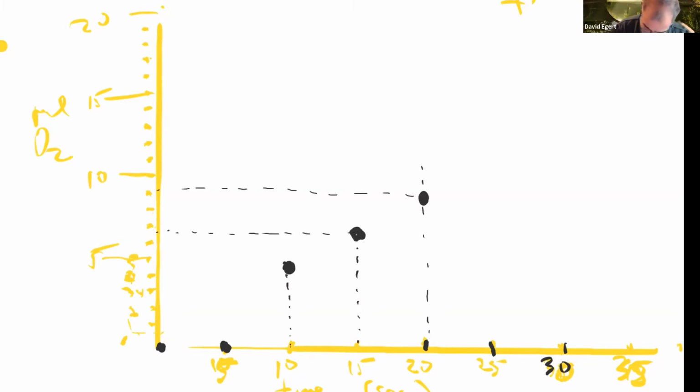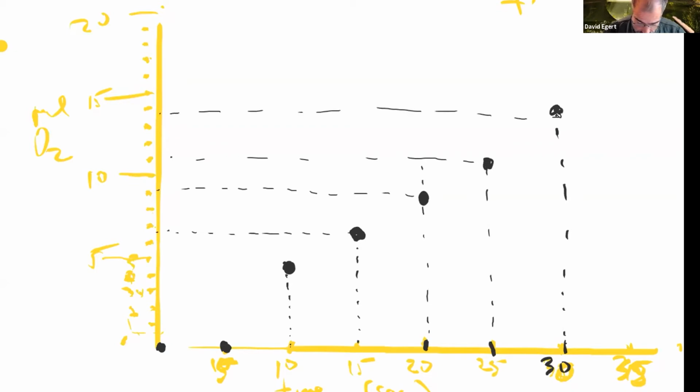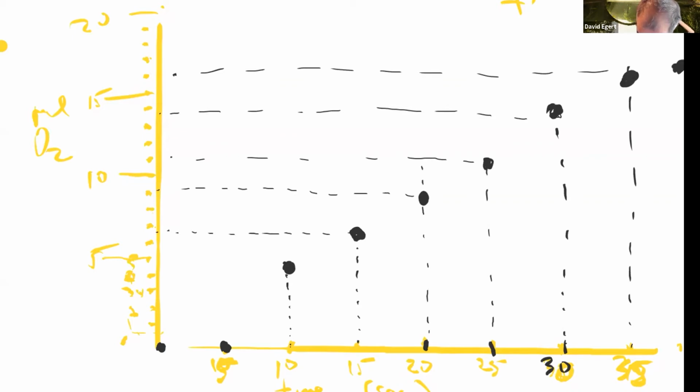At 25, it's 11. At 30, it's 13.5. At 35, it's 16. And then the next one is 17, and it just stays there. So this is what I did. I have my dots.